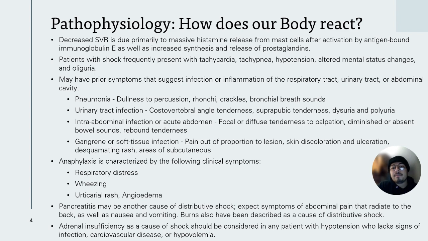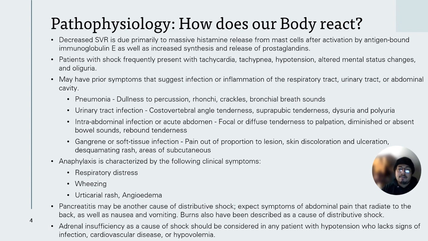After the activation by these antigen-bound immunoglobulin E, there's an increase in synthesis and release of prostaglandins. Other patients with shock frequently present with tachycardia, tachypnea, hypotension, altered mental status, and oliguria, and many prior symptoms that suggest infection or inflammation of the respiratory tract, urinary tract, or abdominal cavity.